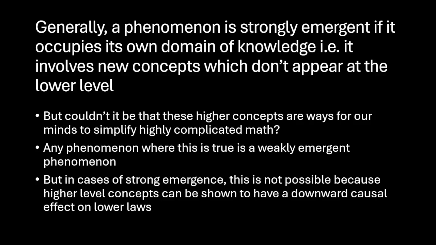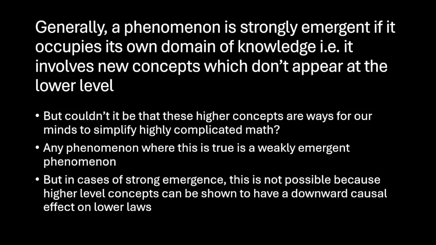The reason this is not possible, and the reason why it's in principle impossible to derive a strongly emergent phenomenon from fundamental physics, is because at a higher level, there's a new phenomenon taking place. And that new phenomenon can be shown to have a downward causal effect upon the lower level laws. So some phenomenon that exists at a higher level is affecting things at a lower level.